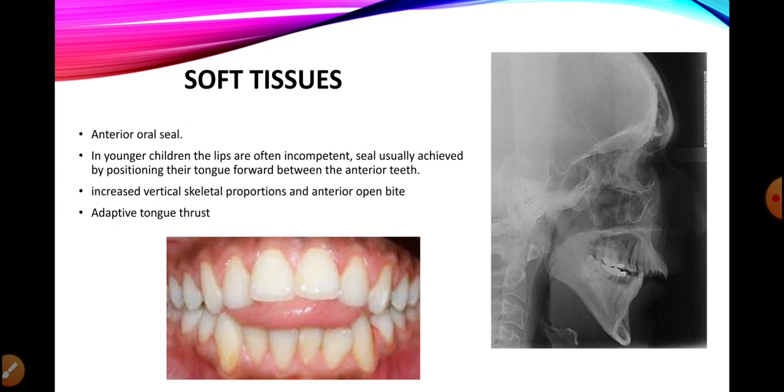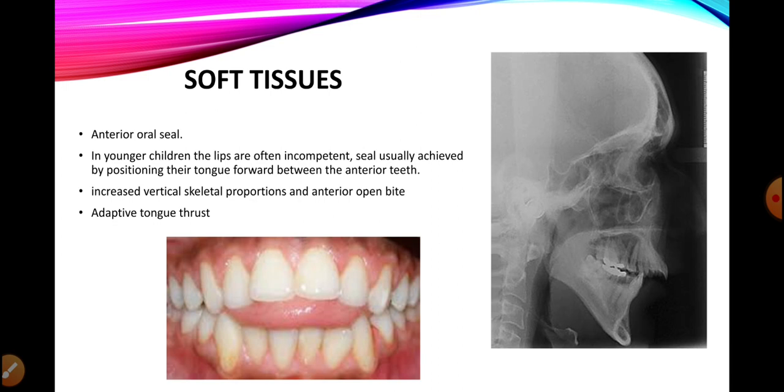But usually it is very rare. The endogenous tongue thrust is also known as the primary tongue thrust, and it is usually very rare. But if it is there, it is very difficult to distinguish between an adaptive tongue thrust and a primary tongue thrust.